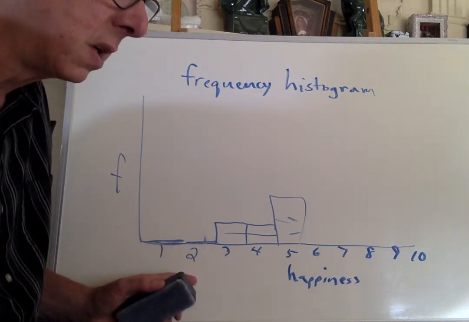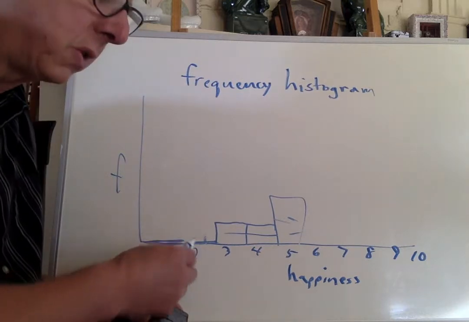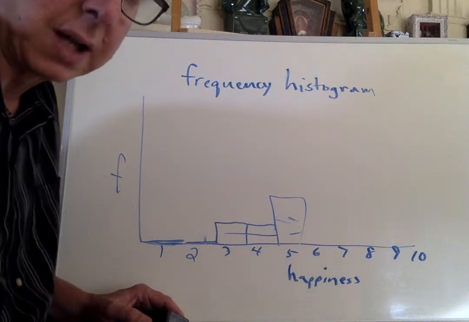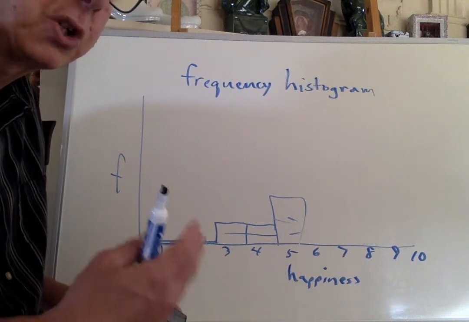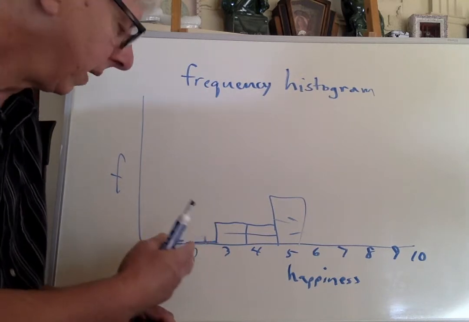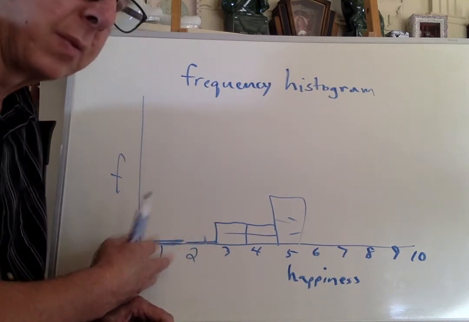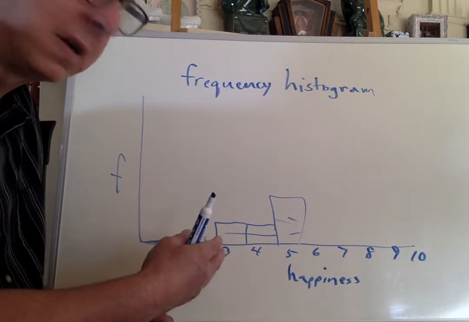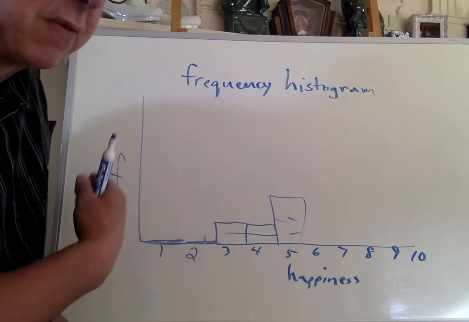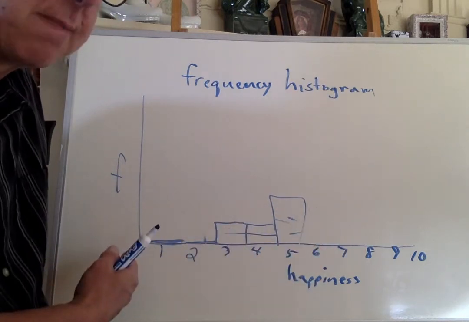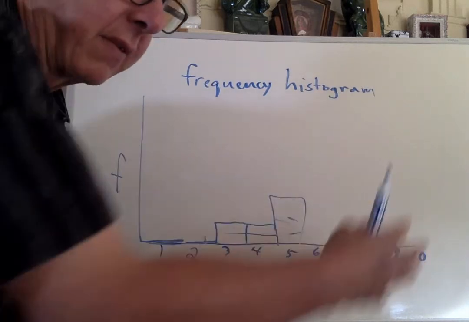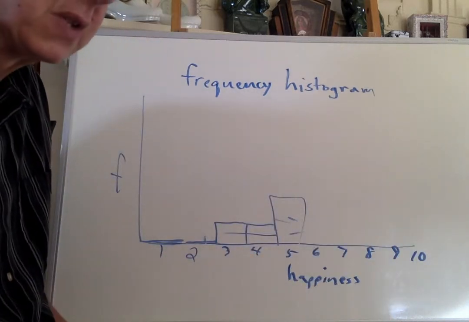In this case, by including 1 and 2, I can show whoever the consumer of this data is every possible response, because remember it's a Likert scale from 1 to 10. So it might be worth it for me to say, well, of all the possible responses, nobody chose these 2, and then we have the rest of our frequencies.